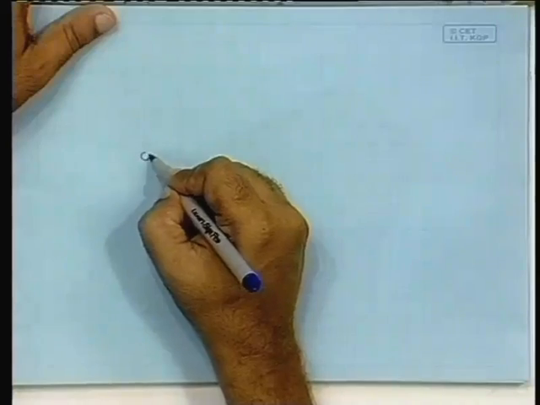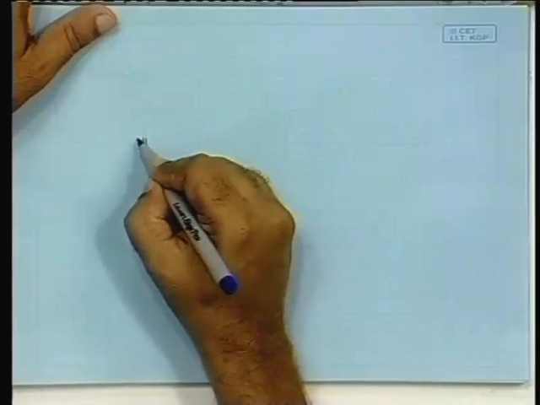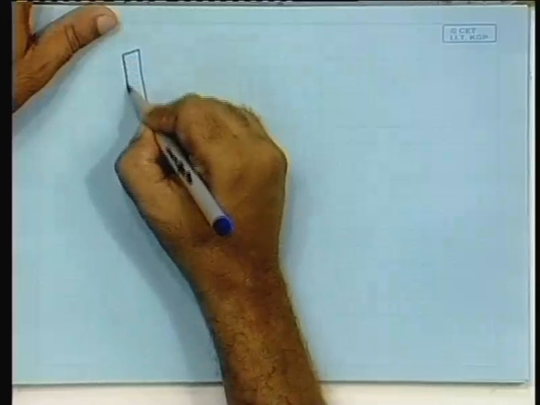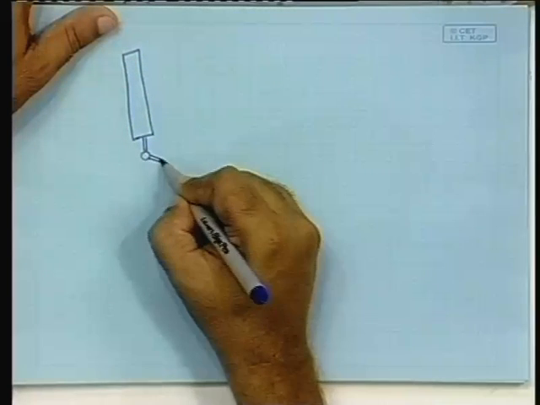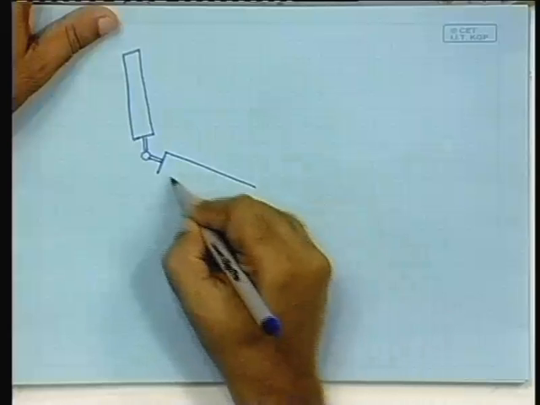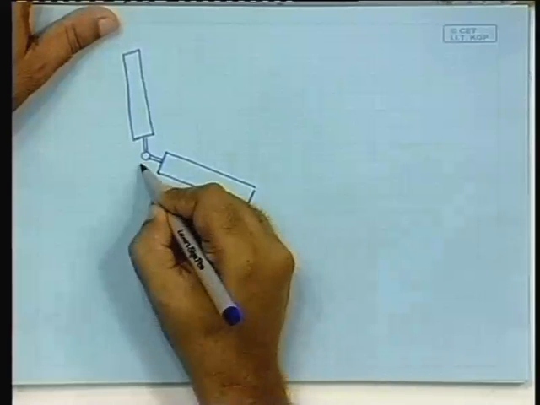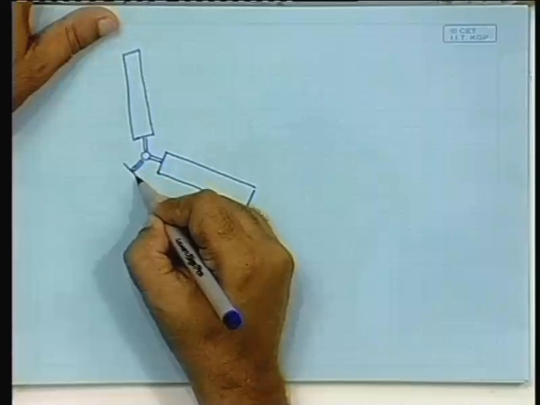Now, that how-small question is actually addressed by another consideration. Suppose you have a blade here, and another blade here.